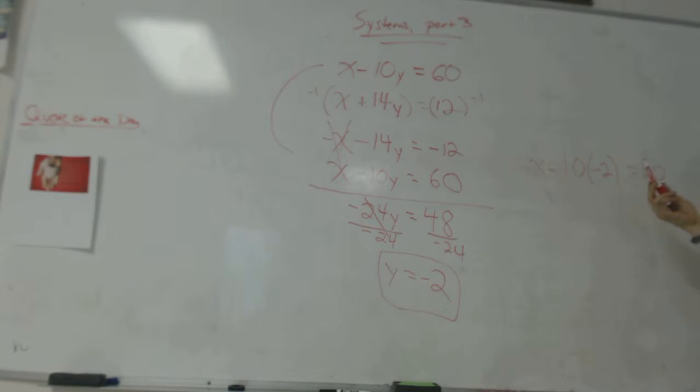Now this is where it's really important to first simplify. So I'm just going to say, what is 10 times negative 2? That's going to be negative 20. Now what happens if I have a minus a negative? It becomes positive. That becomes plus, right?